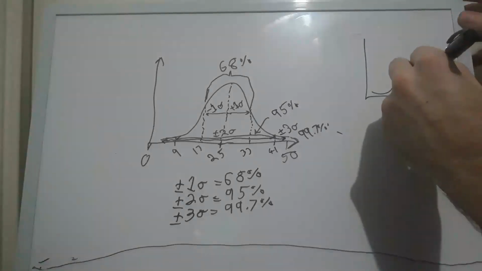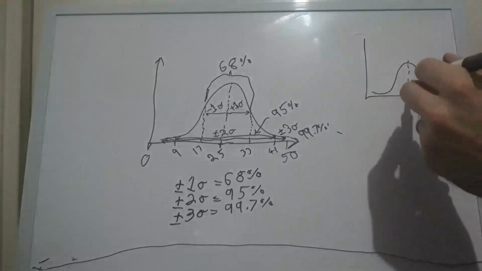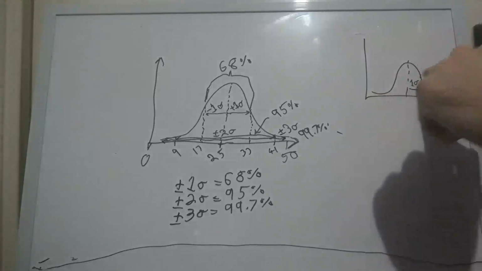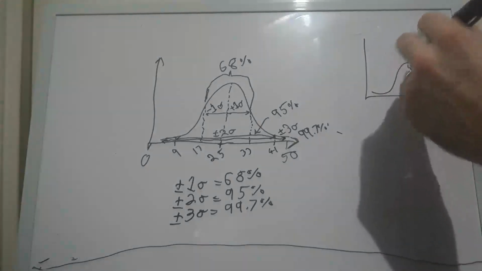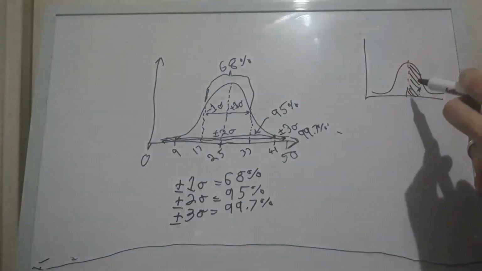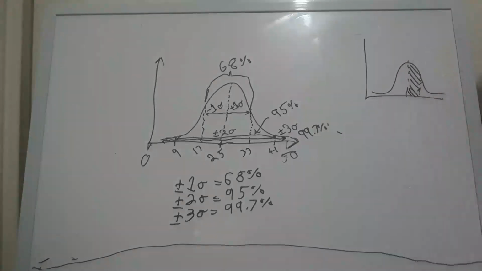So that there is one standard deviation. We're looking at this area here. How much of that graph is encompassed by this shaded area?